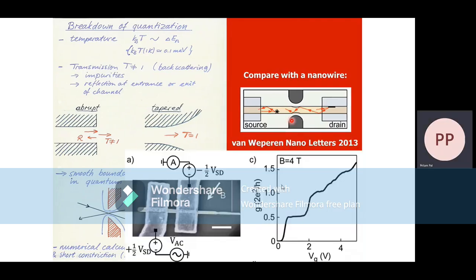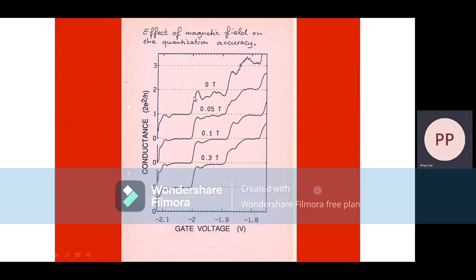So for nanowires, it's still possible to observe the conductance quantization, as shown in the graph, but a very high magnetic field must be applied to the device. The same goes for the two-dimensional electron gas.